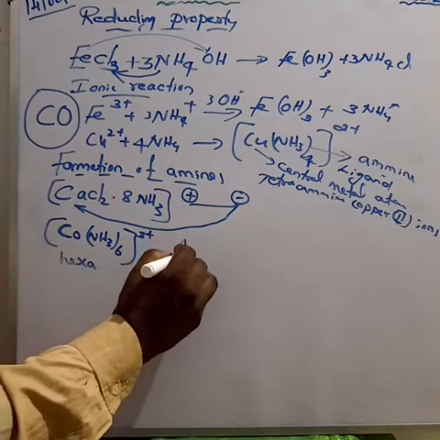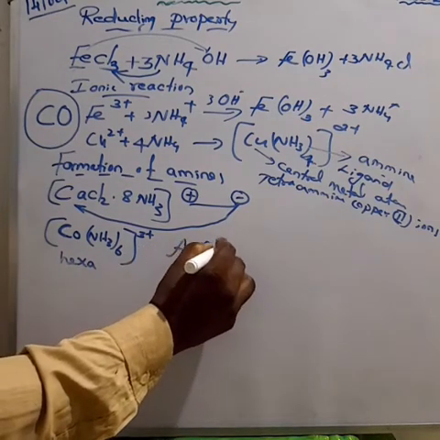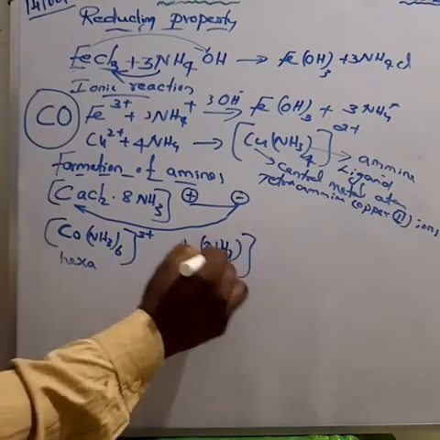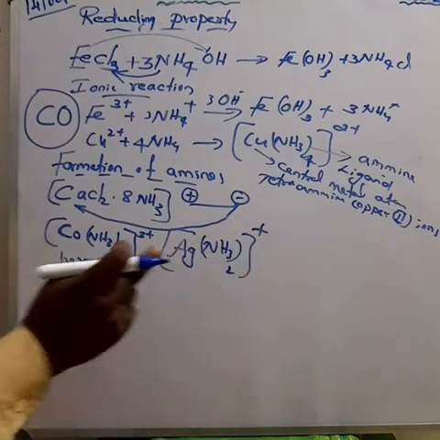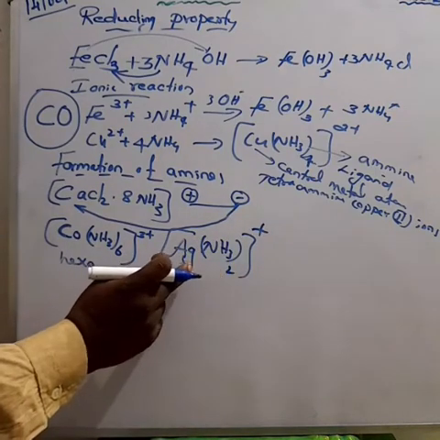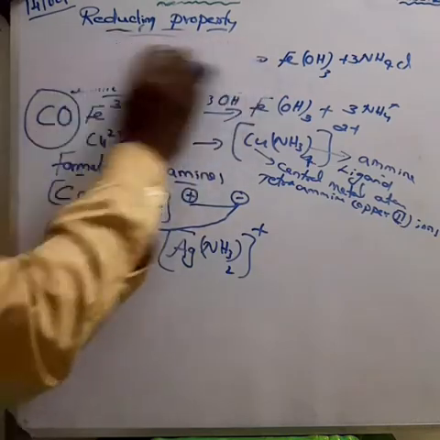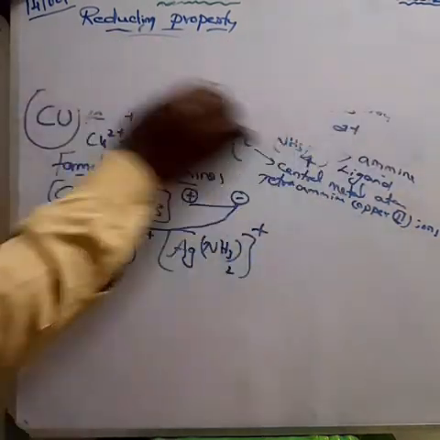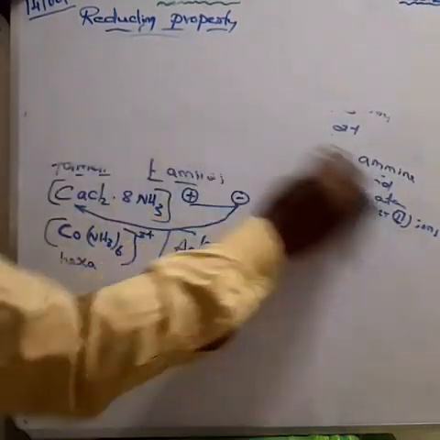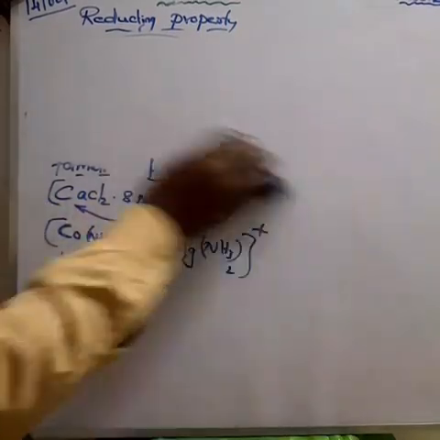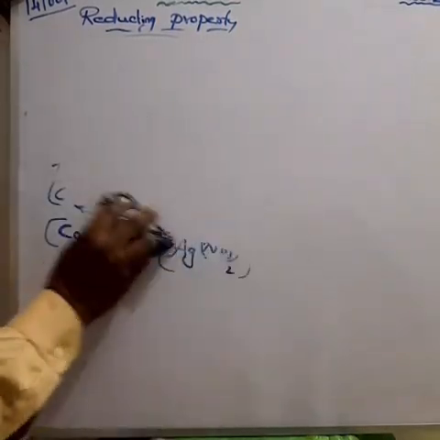Another example, [Ag(NH3)2]+, diammine silver 1 ion. These are some examples. Anyhow, when excess ammonia is added to the aqueous solution of copper sulfate, what is the formula of copper sulfate?